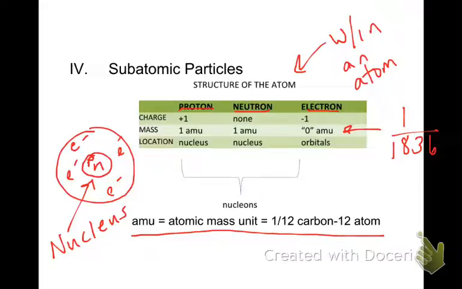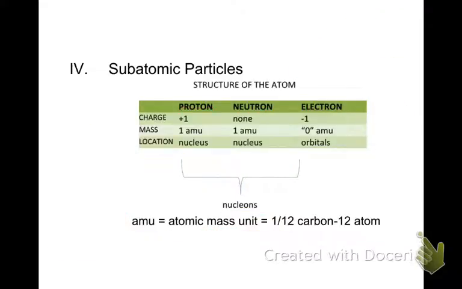And they're located in the orbitals, which we will definitely discuss later when we get to Bohr's model and eventually our Schrödinger model or the wave mechanical model. But again, something else that I want to touch on here is that protons and neutrons, since they're located in the nucleus, we call them nucleons. Just another term to define where the subatomic particles actually exist.